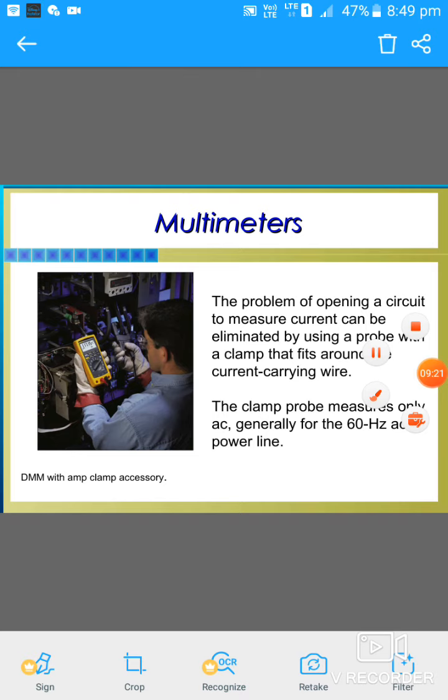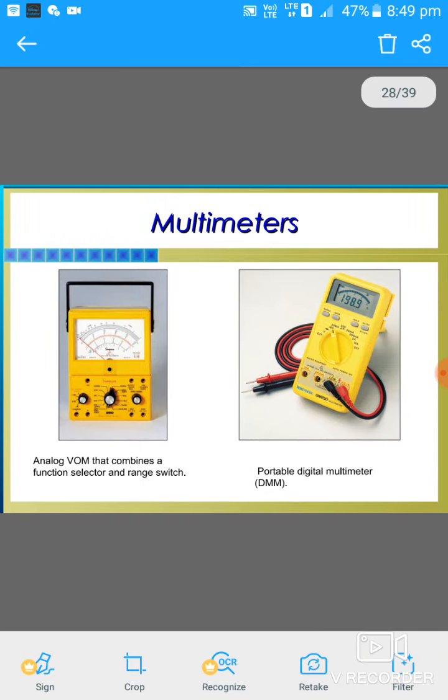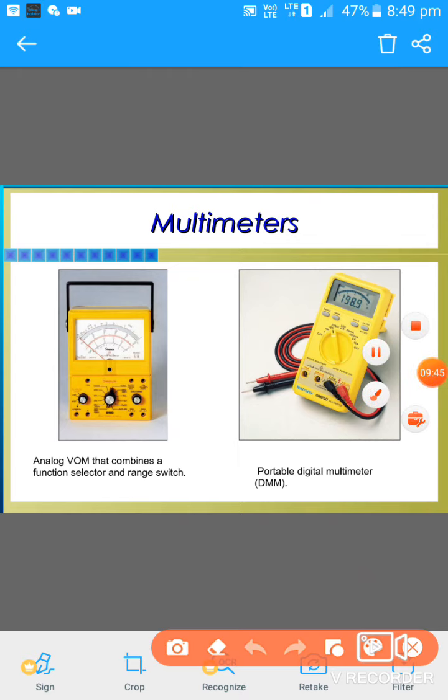Then, with the multimeter, the problem of opening a circuit to measure current can be eliminated by using a probe with a clamp that fits around the current carrying wire. These are the probes.